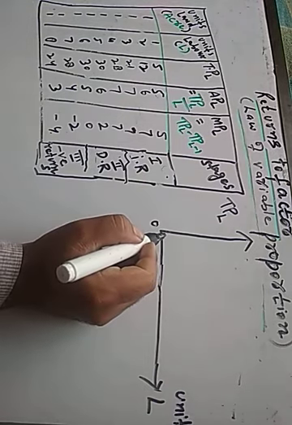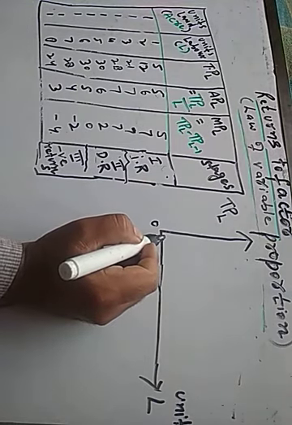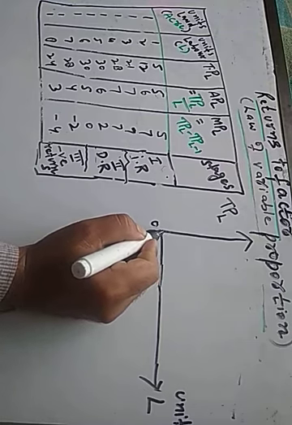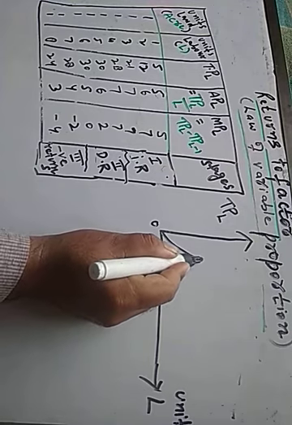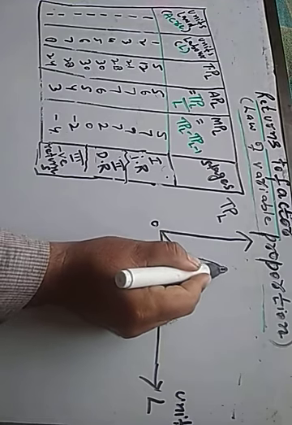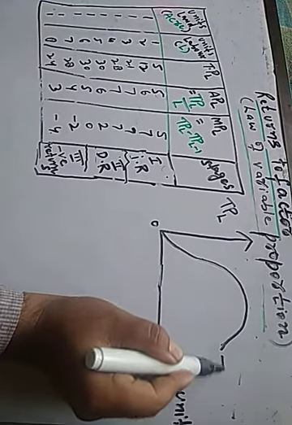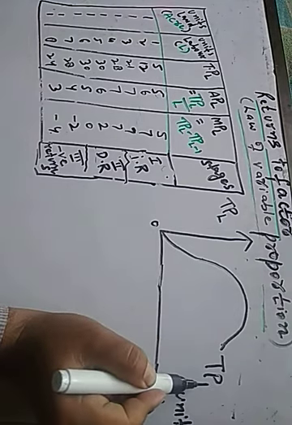Therefore the shape of total product of a factor will be like this. This is total product of factor, that is total product of labor.